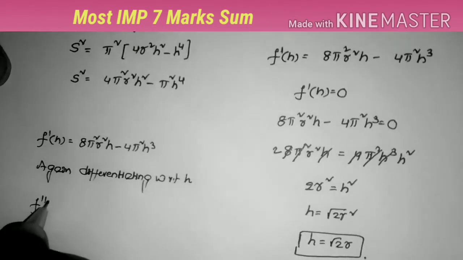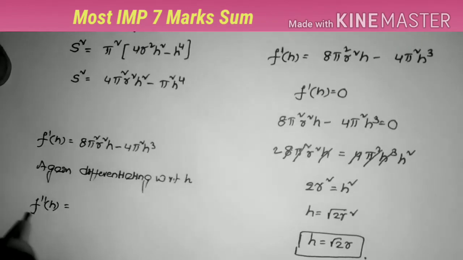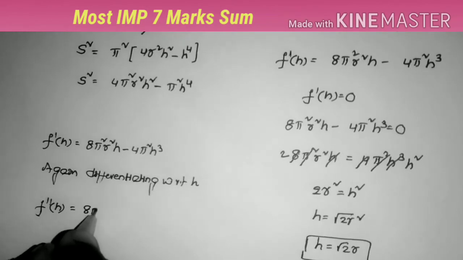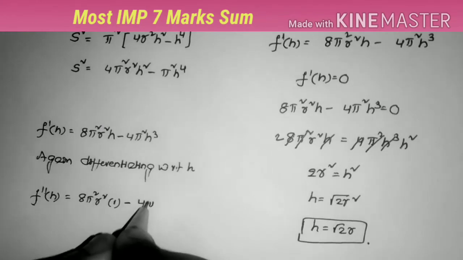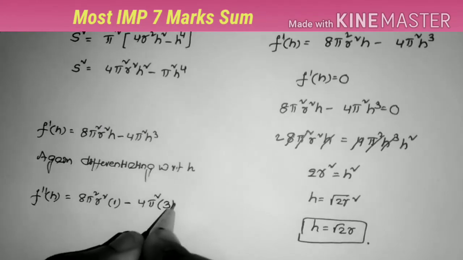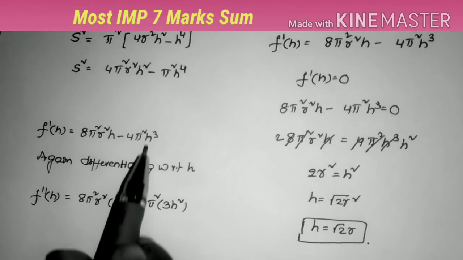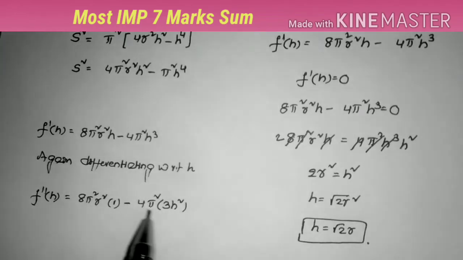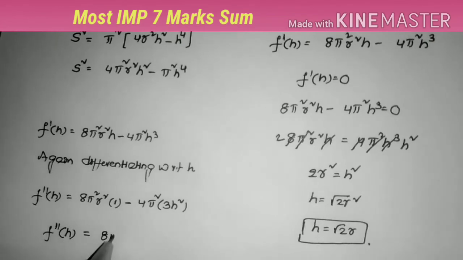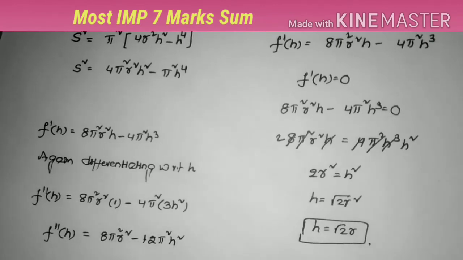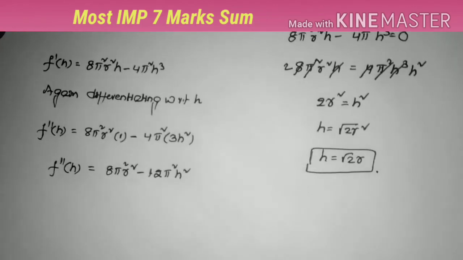That is f double dash of h is equal to 8 pi square r square into h derivative 1, minus 4 pi square into h cube derivative 3h square, n into x power n minus 1, 3 into h power 3 minus 1. So this is equal to 8 pi square r square minus 4 3s 12 pi square h square. So this is the f double dash of h value.